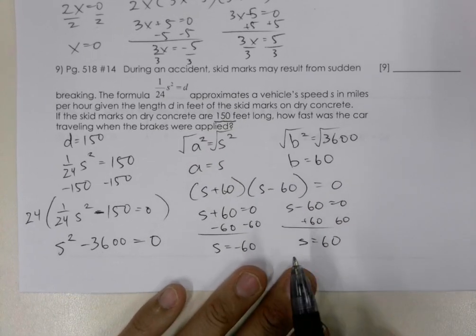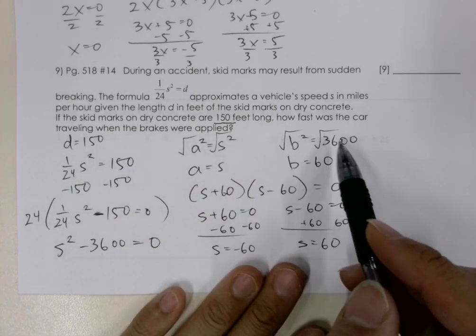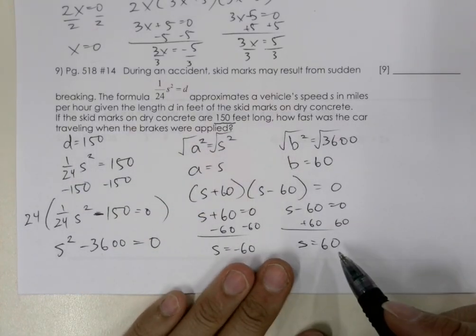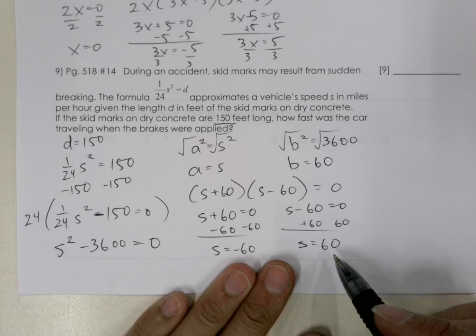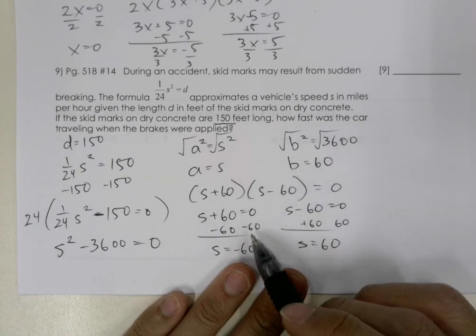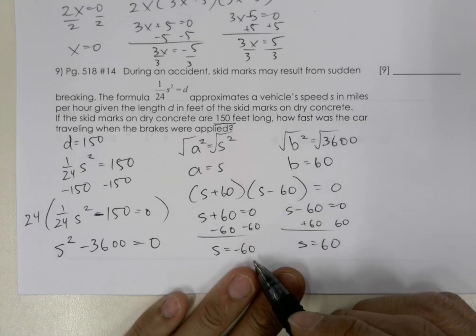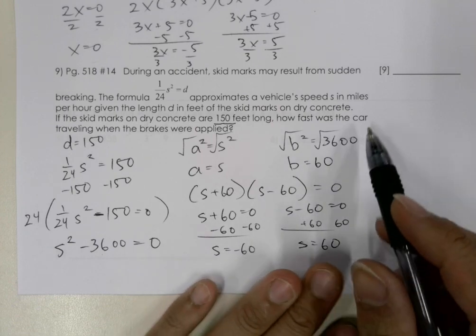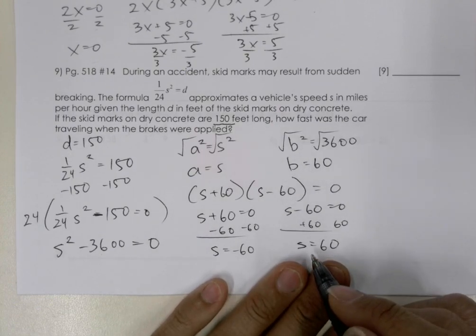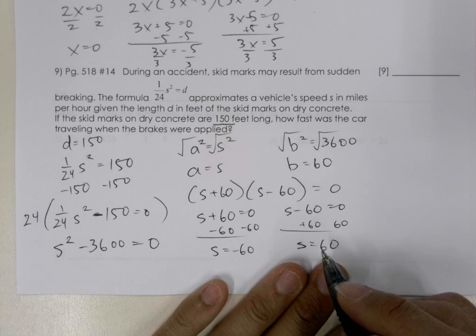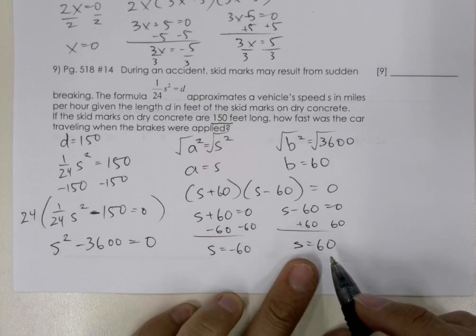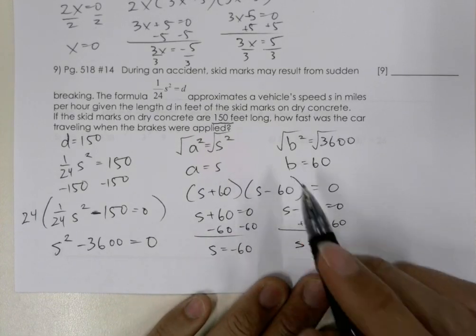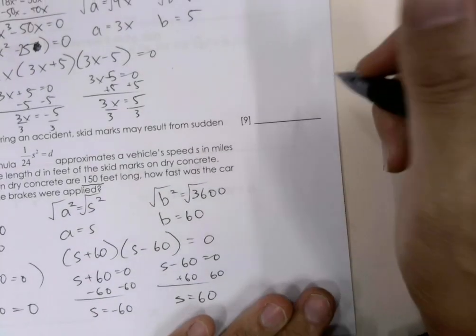All right. So in the context of the question, which answer makes the most sense? Well, can the car travel negative 60 miles per hour? No, that doesn't make any sense. But can the car travel 60 miles an hour? Yes, that is true. It can. And it's the answer that makes the most sense. So that's what we are going to use here for number 9.